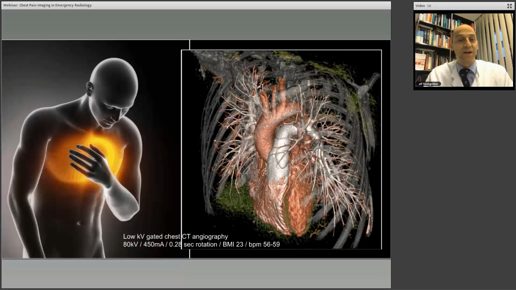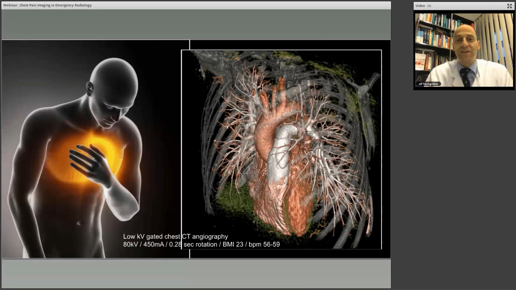We know that with our latest generation of CT scanners, we are able to have fantastic coronary angiographies with CT, with low kV gated chest CT angiography. I think this is nowadays already a standard, especially if you're using the latest technology. The image acquisition time is usually less than a second.